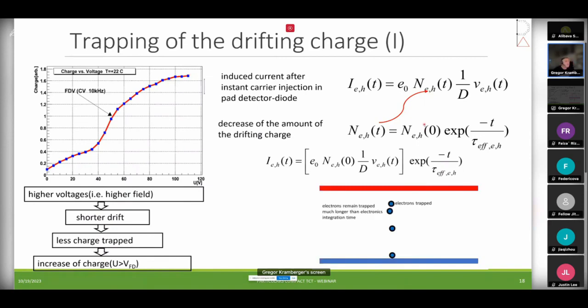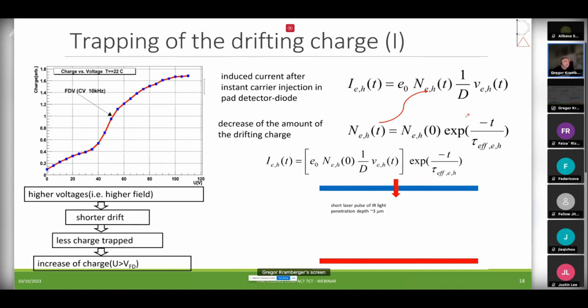The explanation is very simple, and it's illustrated here. You generate electron-hole pairs, free carriers, and as the electrons start to move, if you have damaged silicon, some of them get trapped, and as they get trapped, they don't induce current anymore, and you get less charge collected at the end.